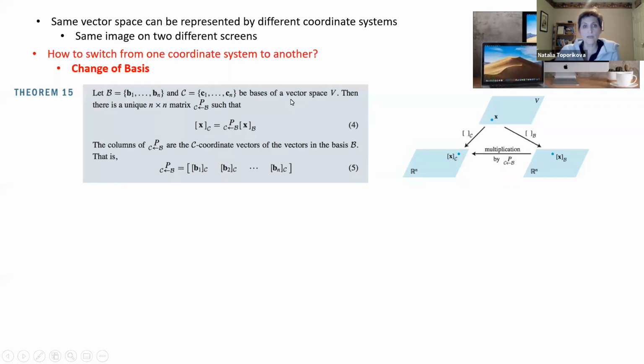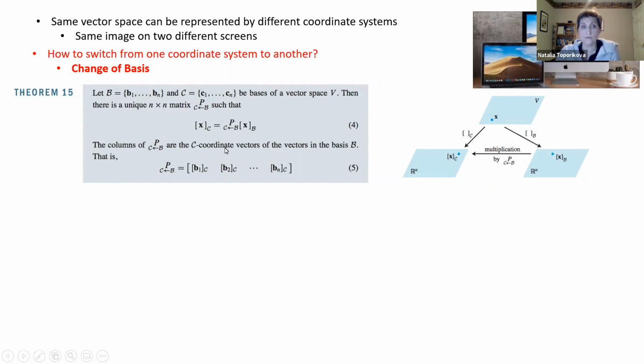Then we can find a unique matrix of transformation from space B to C, such that our vector x in coordinate system C will be the product of our matrix of transformation by vector x in coordinate system B. And this matrix is actually pretty straightforward to find.